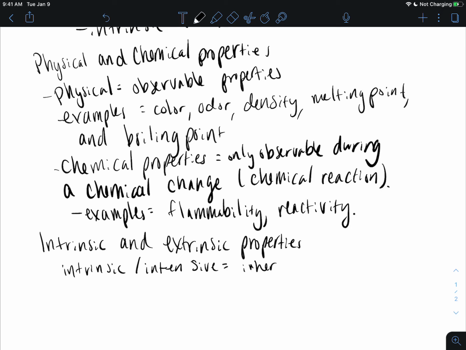So they are dependent on the material itself. And only the material. So the amount does not matter.